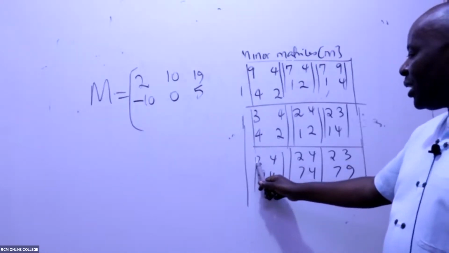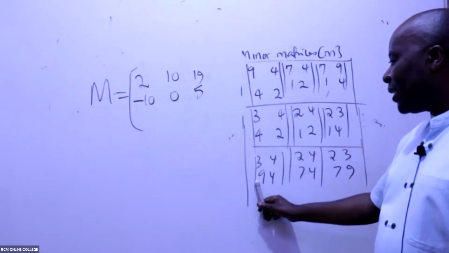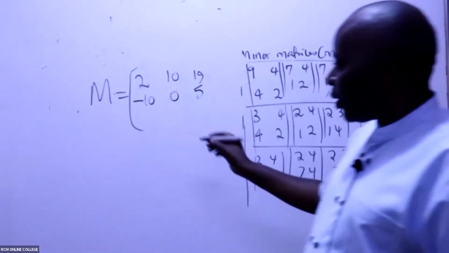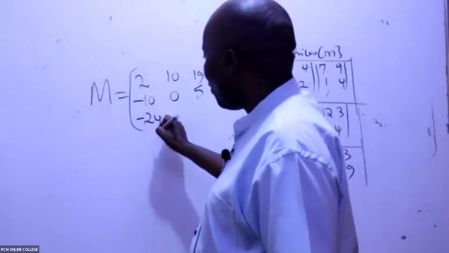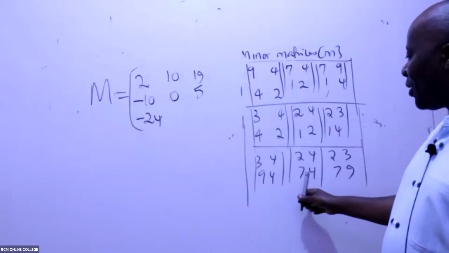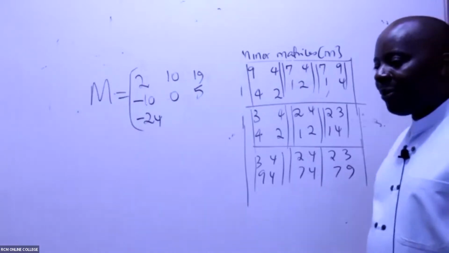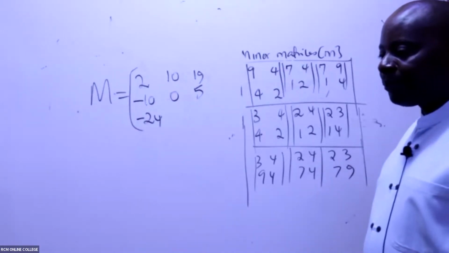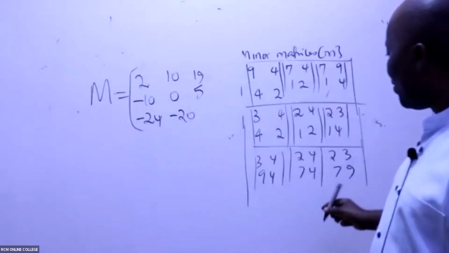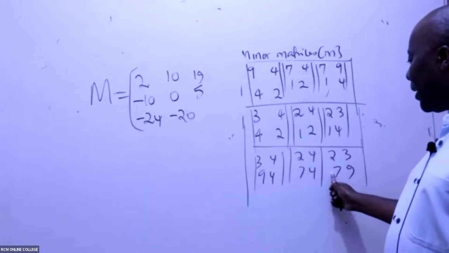This one will be 3 times 4 minus 9 times 4, which gives me minus 24, right? So this gives me minus 24. From there, we have here 2 times 4 minus 7 times 4, which will end up giving me what figure? Minus 20. Then we have the last one here, 2 times 9 minus 7 times 3.